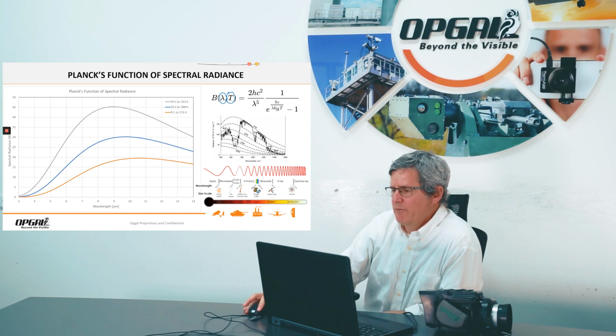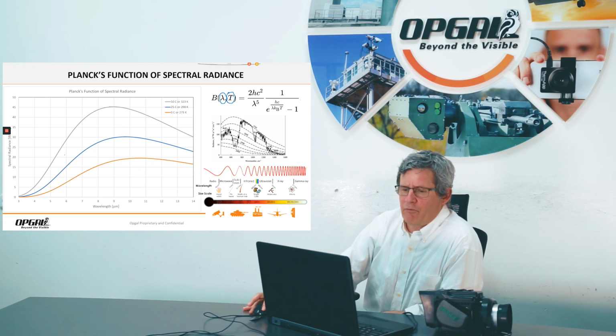We have the speed of light here. We have the Boltzmann coefficient here, the k_B over here. And when we calculate this as a function of wavelengths and temperature, we get these three curves.